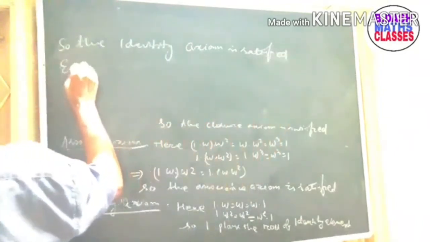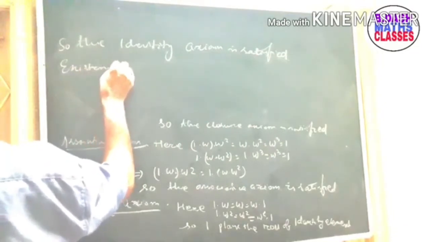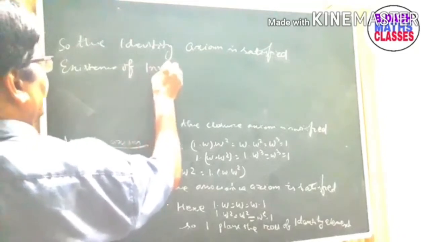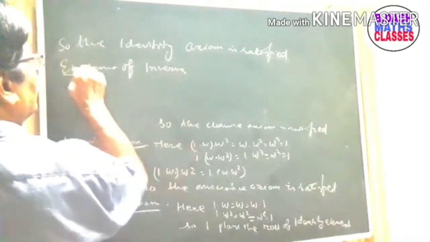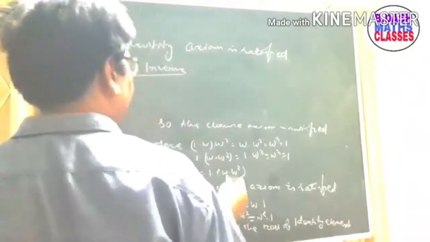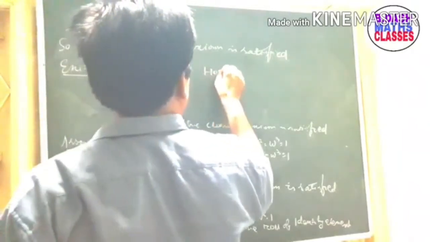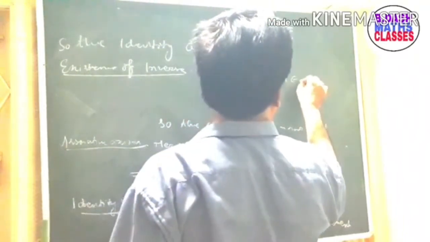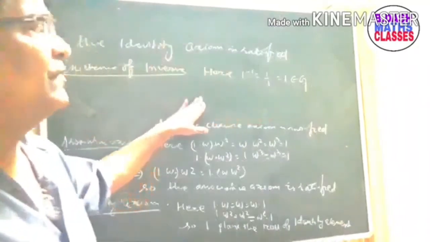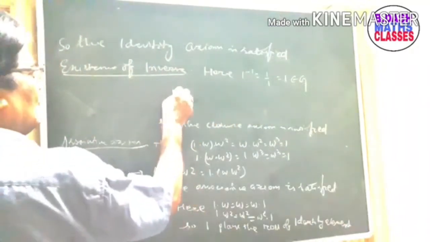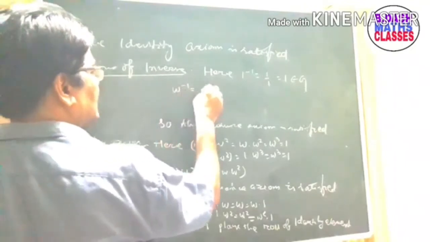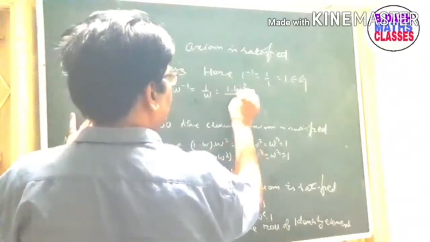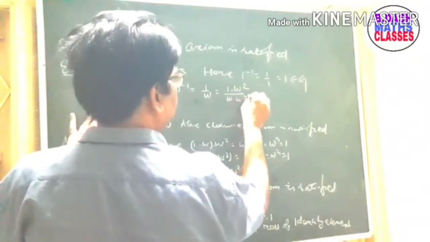Then the existence of inverse, or inverse axiom. Here 1 inverse is equal to 1/1 = 1, which belongs to G. ω inverse is equal to 1/ω = (1 × ω²)/(ω × ω²).